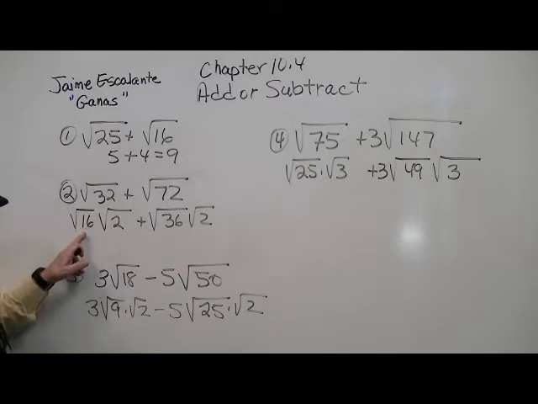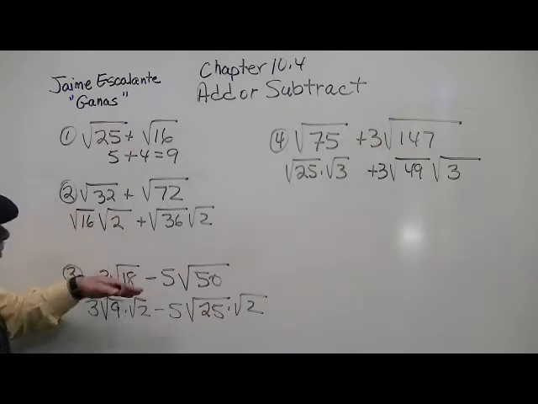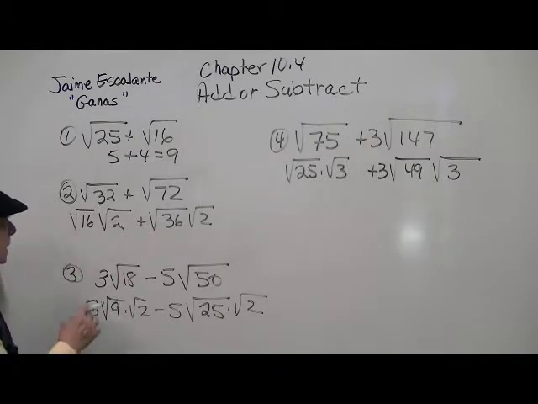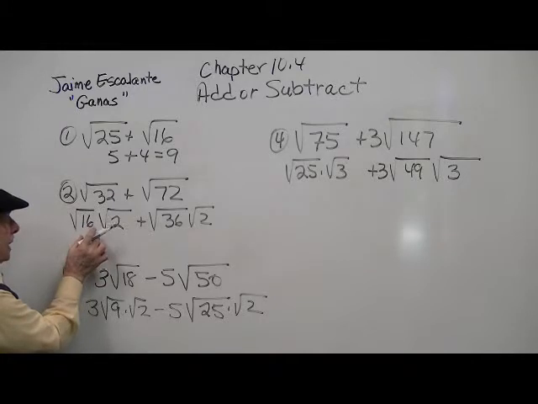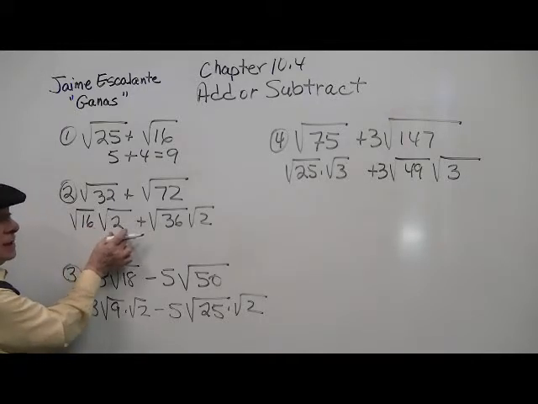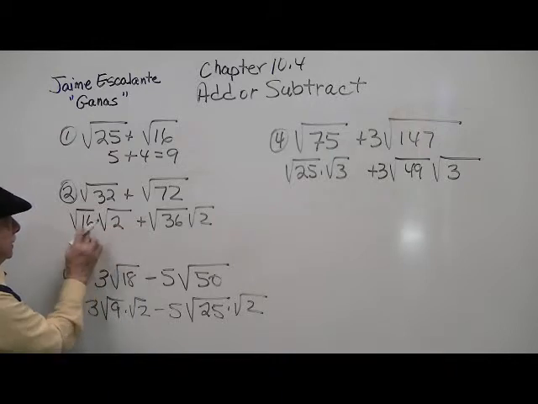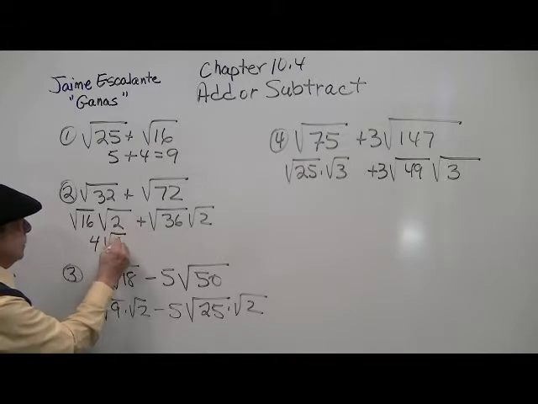Now, the square root of 16 is a perfect square. So from what we had mentioned earlier, you try to divide the radicand into a factor that is a perfect square, and then whatever's left over. So this is going to become 4, the square root of 2.